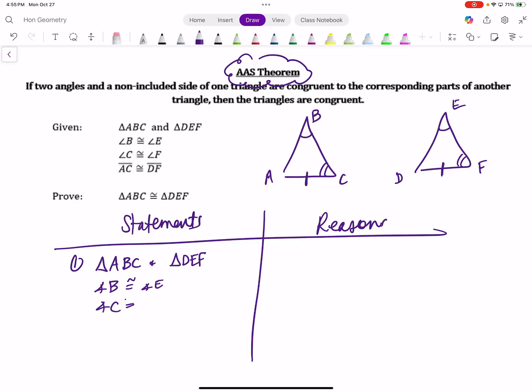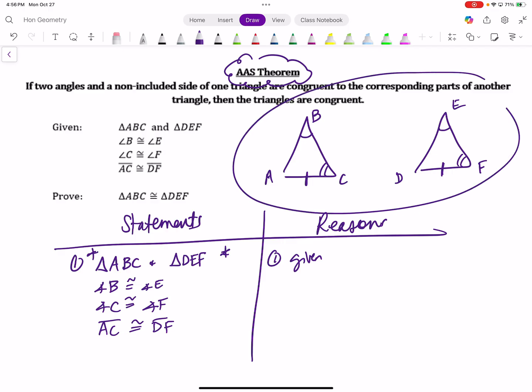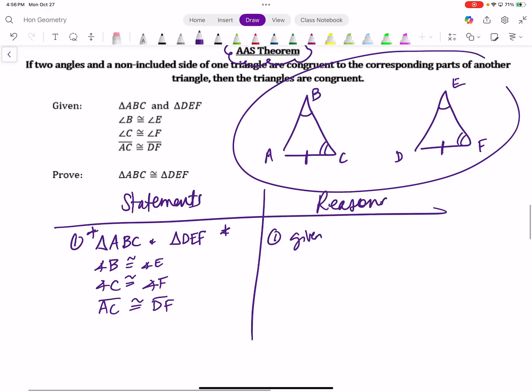Angle C is congruent to angle F, and AC is congruent to DF. All right, so this is what was given. Now, technically, that first statement doesn't have to be written because we drew a diagram. Because you have the picture that shows the two triangles, we could get away with leaving that out. But most people are just going to go ahead and put it anyway.